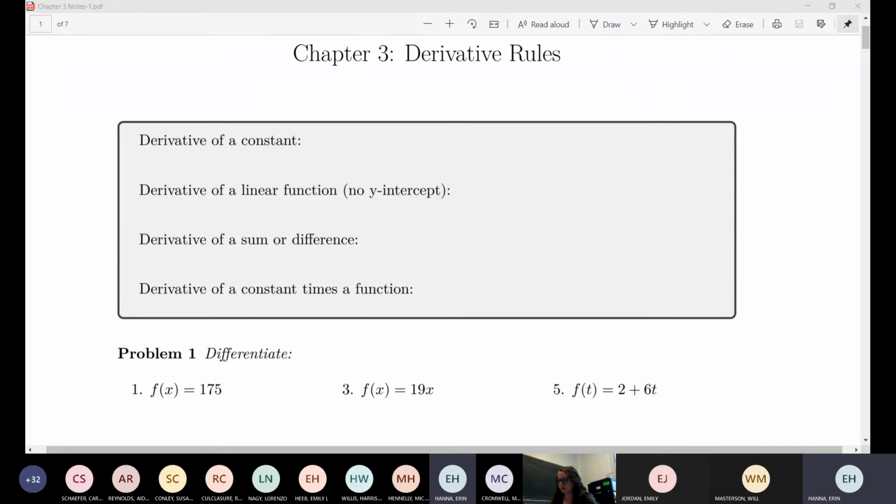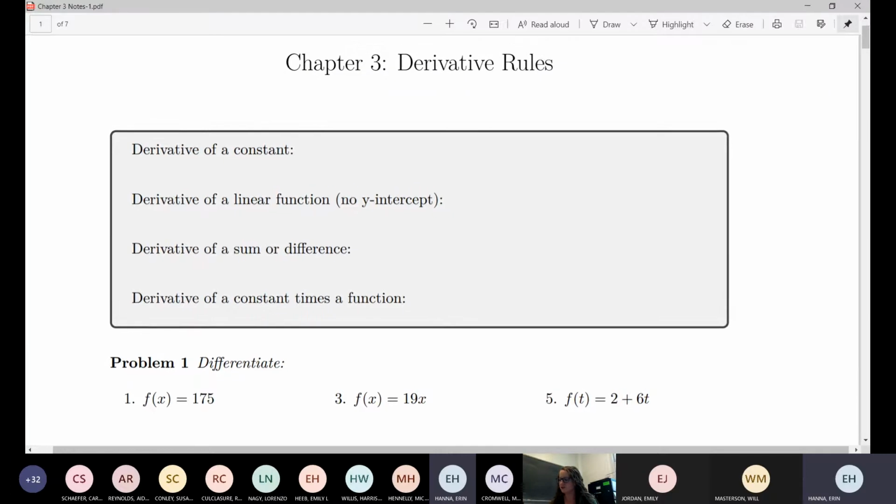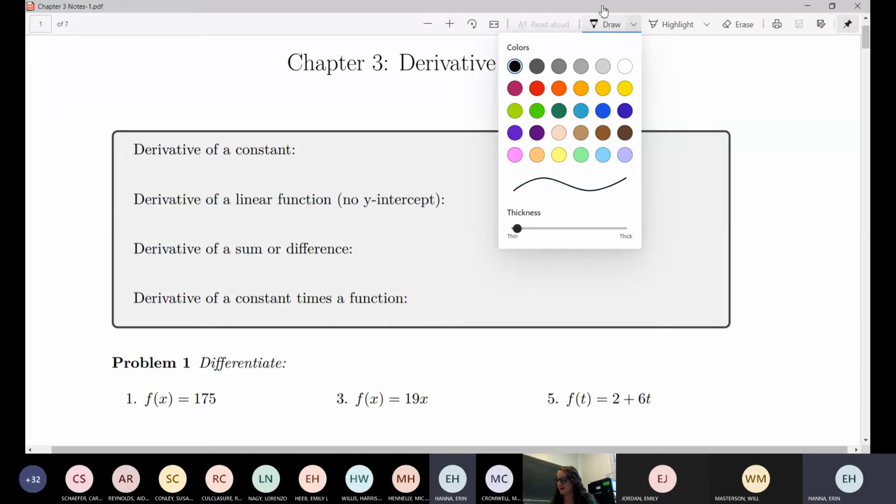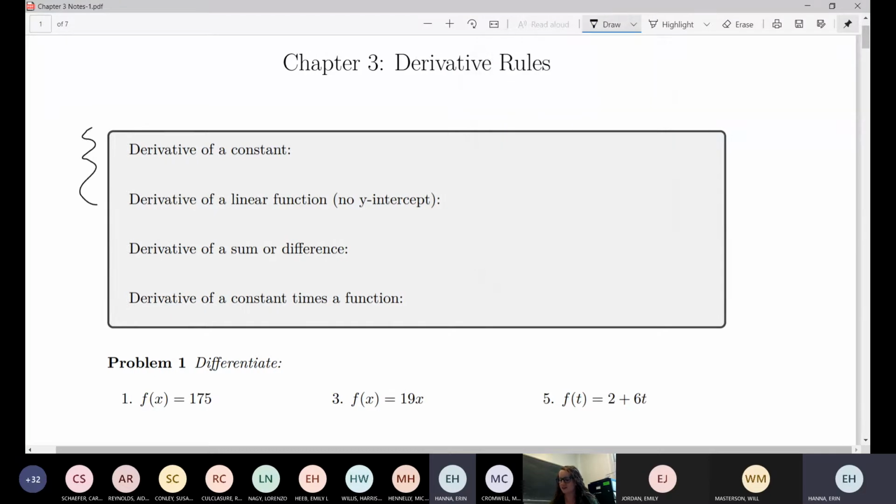So, derivative rules. With these, I'm going to give you some background for the first two. But after that, it's a trust and believe me type of deal. You might not know why these rules hold, but they do.